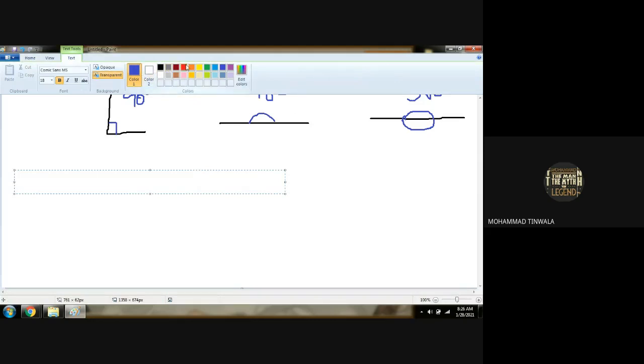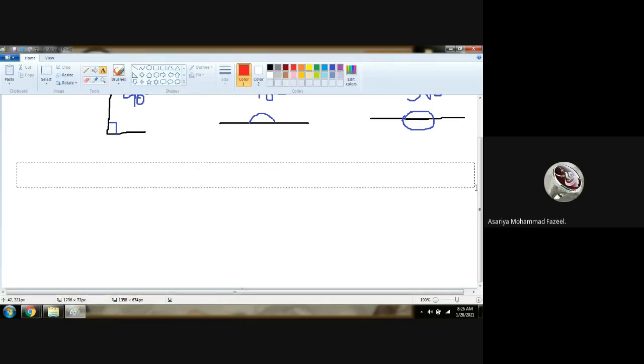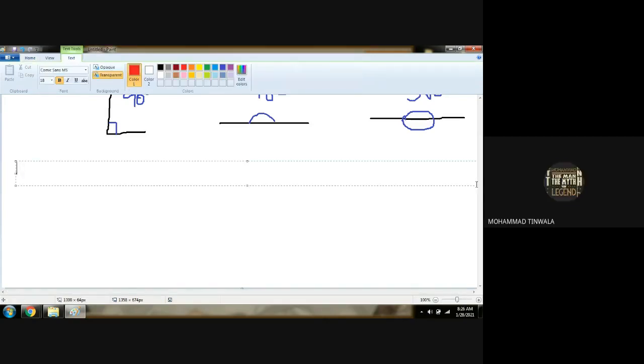Come on boys. Sir, acute angle. Very good. Acute angle, and then obtuse angle. Very good boy. Chalo, go ahead. And reflex angle.